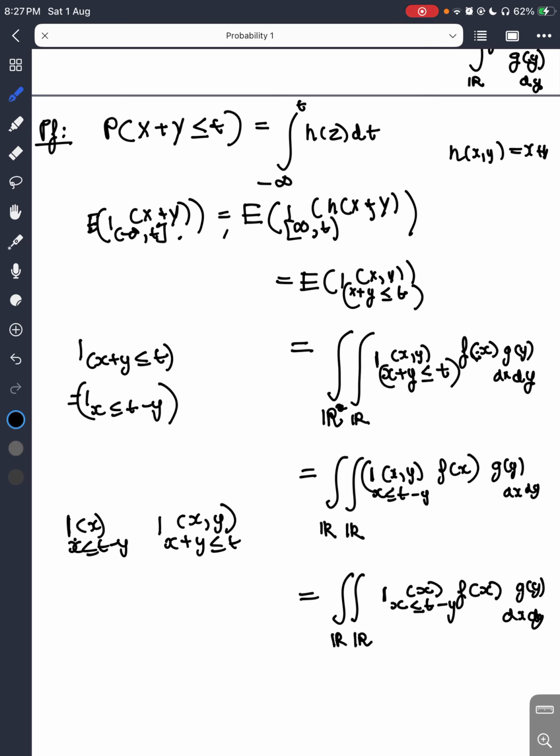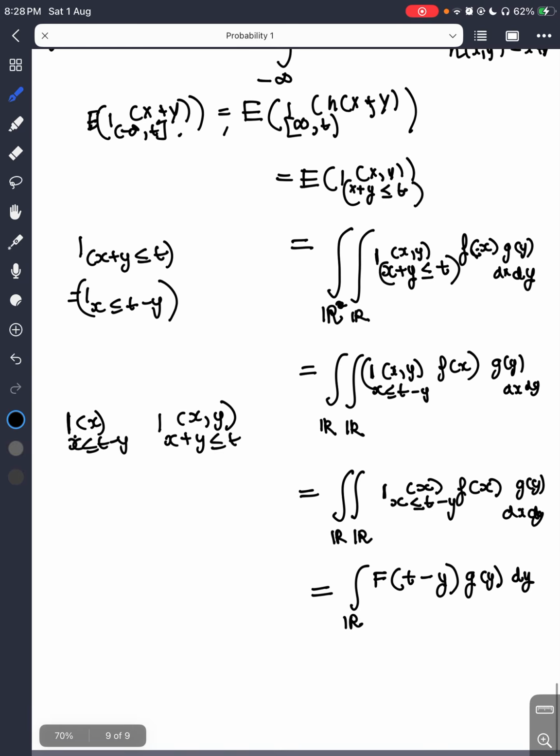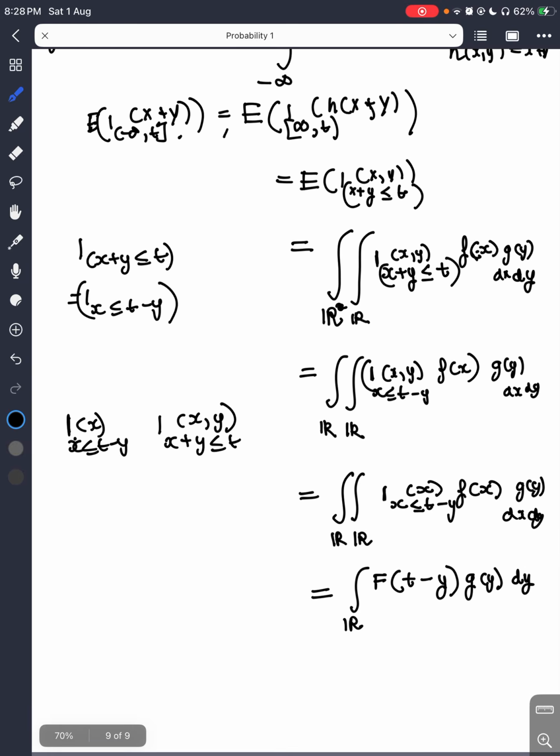And this is nothing but, if we denote the CDF by capital F, the integral of F of t minus y, g of y dy.